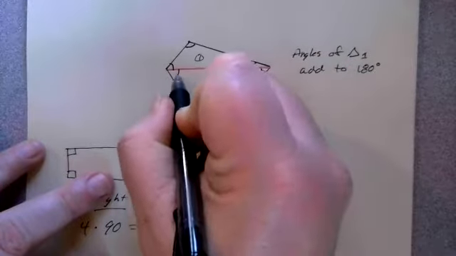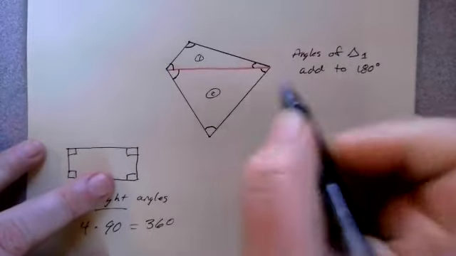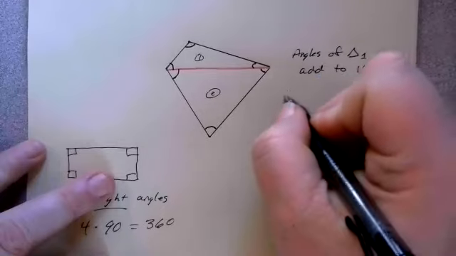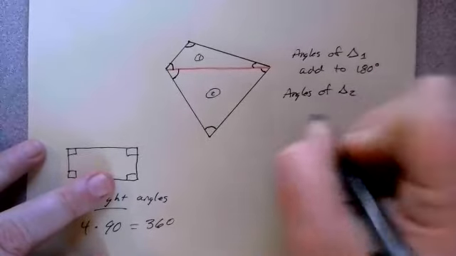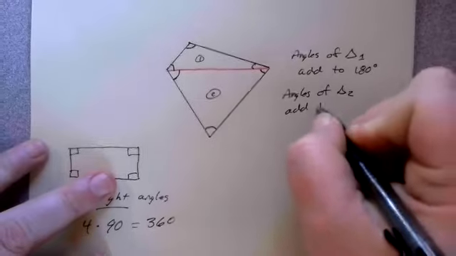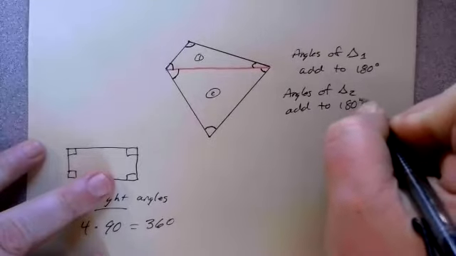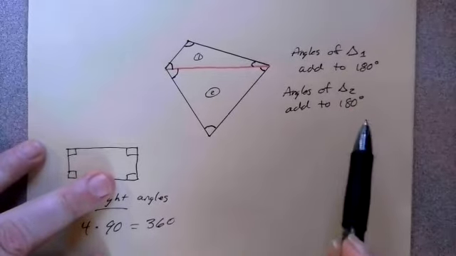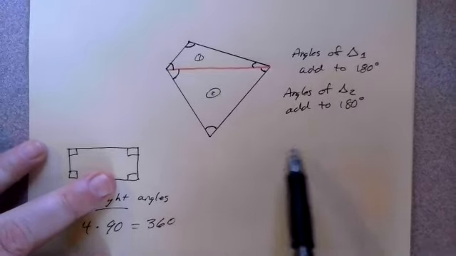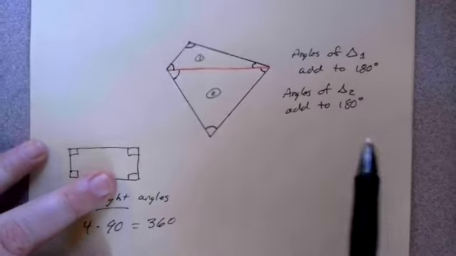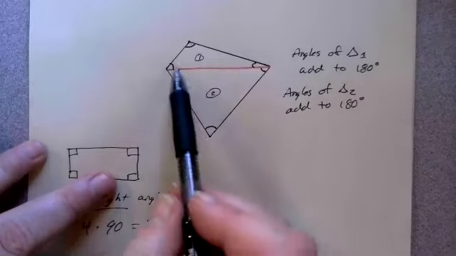And a very similar story for triangle 2. So this angle, and this angle. So the angles of triangle 2 add to 180 degrees. So is it as simple as saying 180 plus 180 is going to give us a total of 360 degrees? Well, there's one piece that we have to figure out, right?